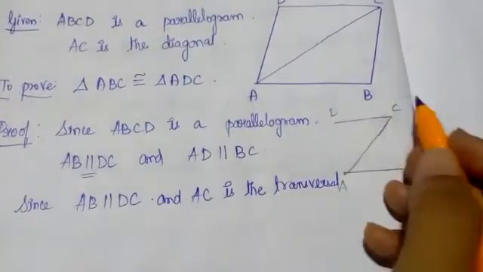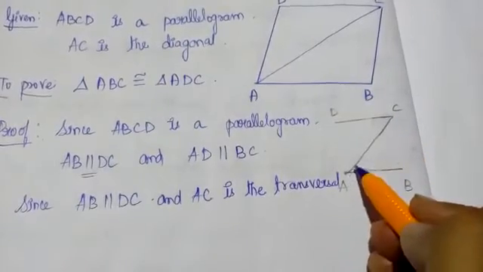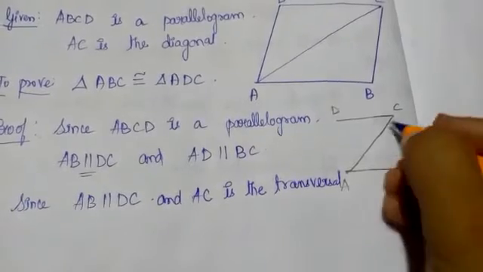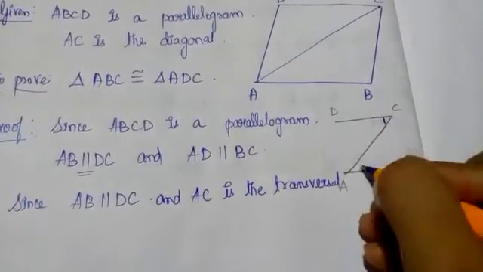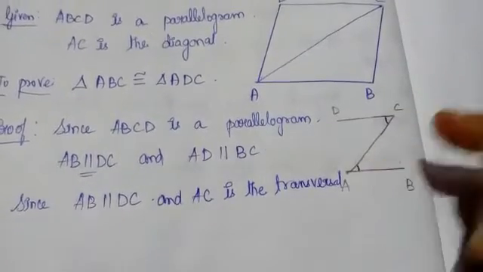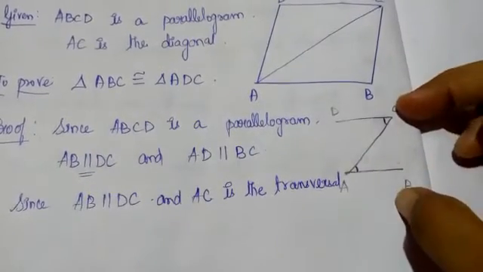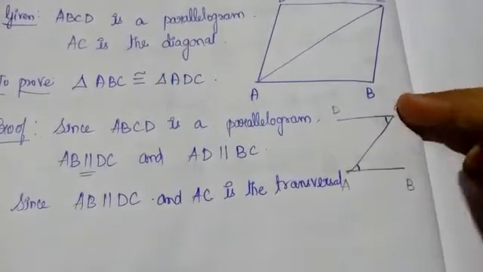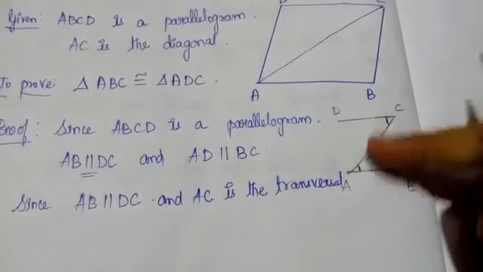Since AB is parallel to DC and AC is the transversal, we know that angles are formed. Here one angle is formed, and here one angle is formed. Both the angles lie between the given two parallel lines, so they are interior angles, and they lie on different sides of the transversal.